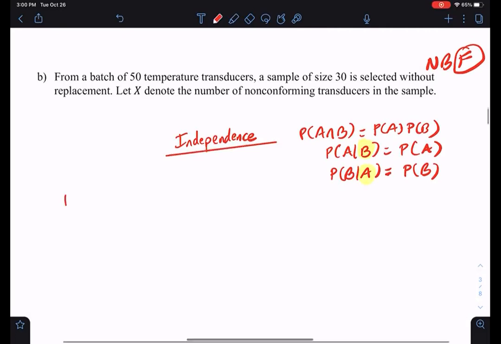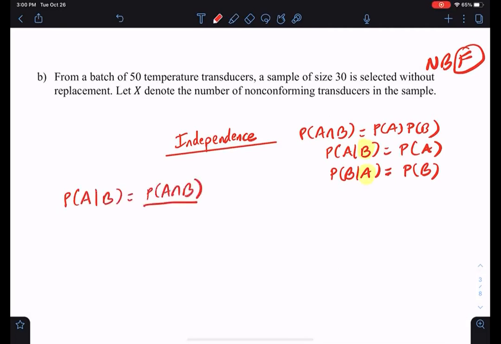So these are the statements for independence. And this comes from the conditional probability definition, right? The probability of A given B is the probability of the intersection over the probability of B. If you cross multiply, the probability of A given B times the probability of B equals the probability of A intersection B. If the probability of B does not affect the probability of A, then by default this is the case.